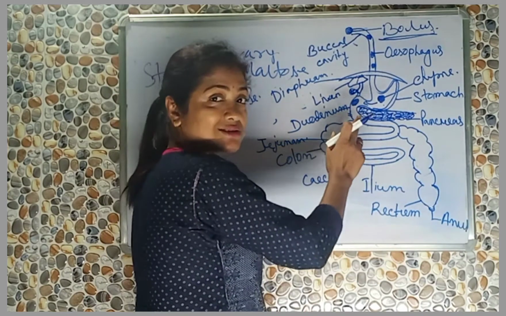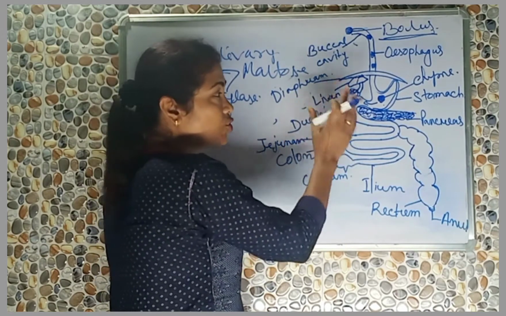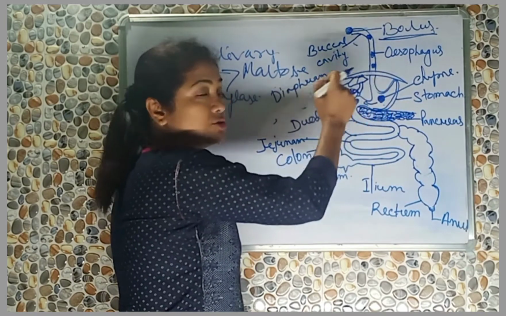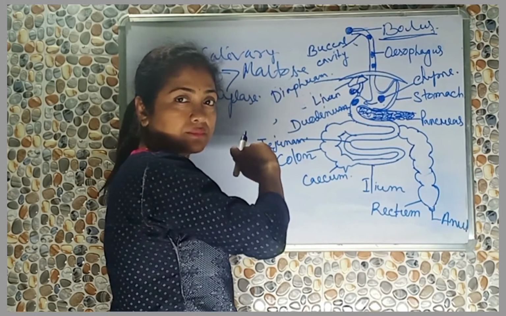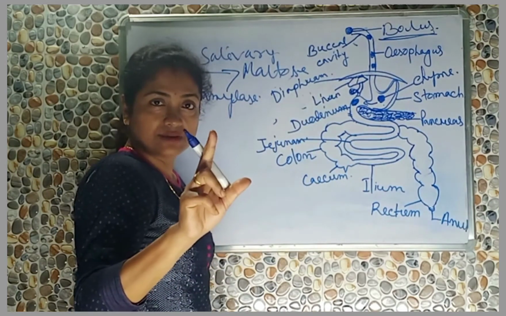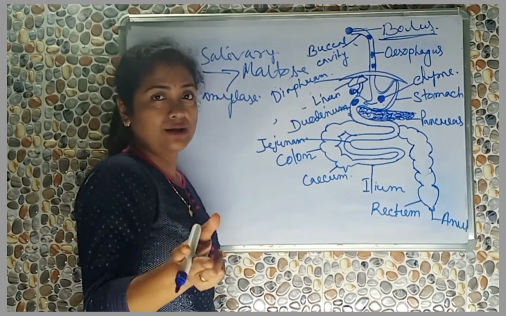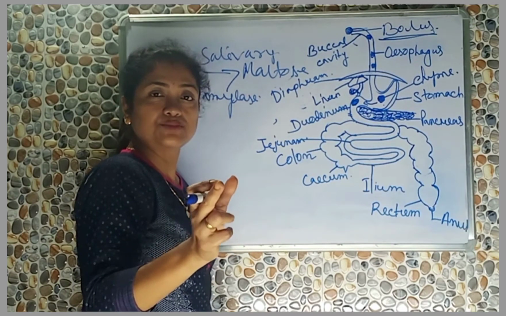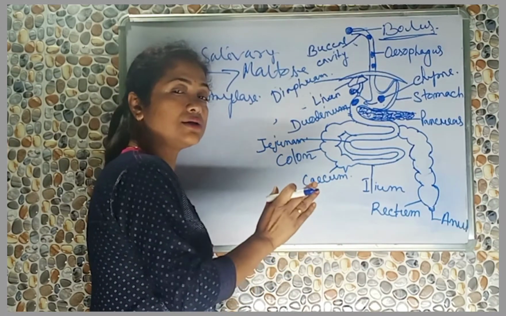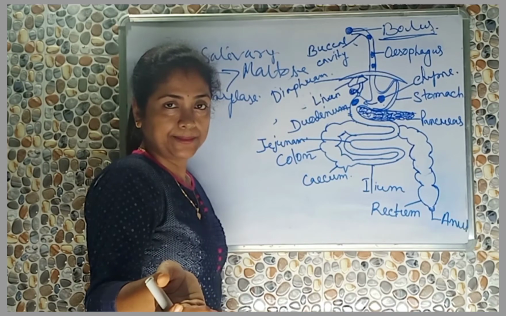So parietal cell secretes hydrochloric acid, and hydrochloric acid stops the action of salivary amylase inside the stomach. And chief cell secretes two types of enzymes: proteolytic enzyme and lipolytic enzyme. Proteolytic enzyme means protein digestive enzyme, pepsinogen, and lipolytic enzyme means gastric lipase, lipid digestive enzyme.